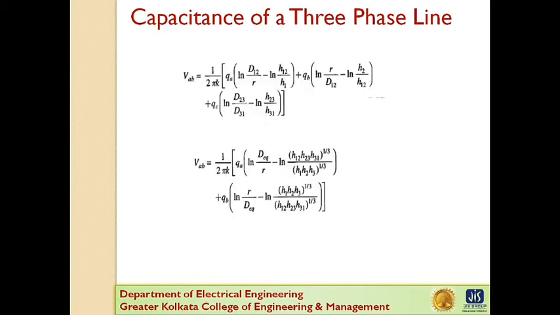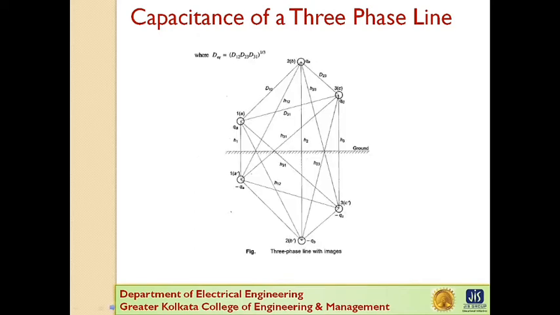Next is the capacitance of a three-phase line. The method of images can similarly be applied for calculation of capacitance of a three-phase transmission line. You can see this picture. The line is considered to be fully transposed. The conductors A, B, C carry the charges QA, QB and QC and occupy positions 1, 2 and 3 respectively in the first section of the transposition cycle.